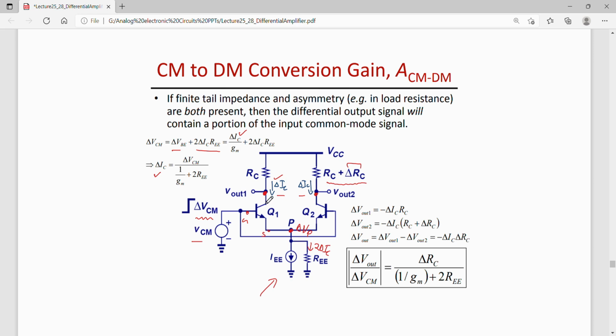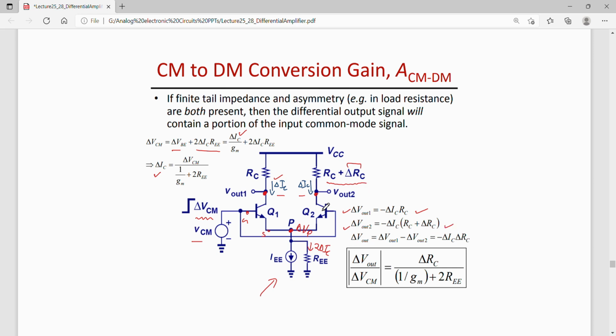So the change in Vout1, that is delta Vout1, is minus delta IC RC. Okay. Similarly, the change in Vout2 is delta Vout2, which is delta IC times RC plus delta RC. Okay.